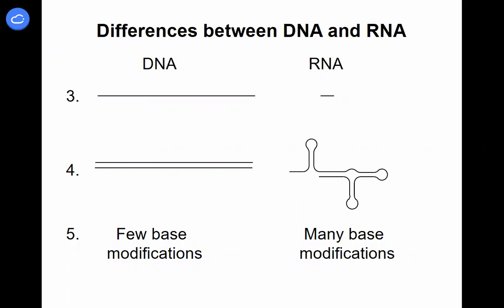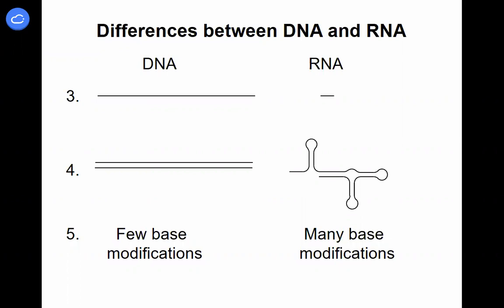You can add chemical groups to the bases in DNA and RNA as well, and this happens in both types of molecules. But the difference is DNA, there tends to be a relatively small number of specific modifications that get made, and they're not as common as they are in RNA. So RNA is a higher proportion of bases that get modified and are sort of deviating from the base structures that I presented.